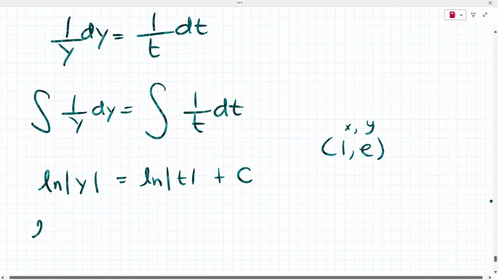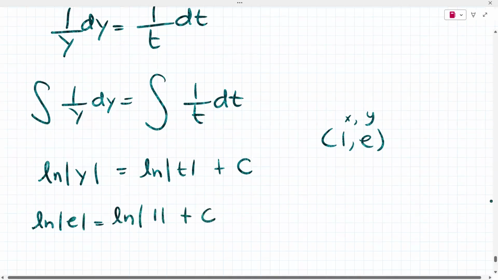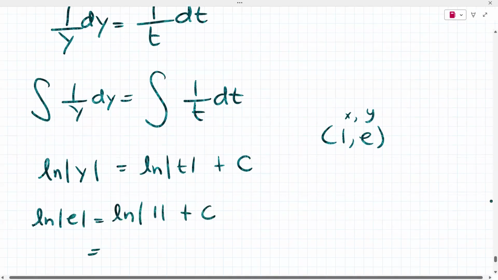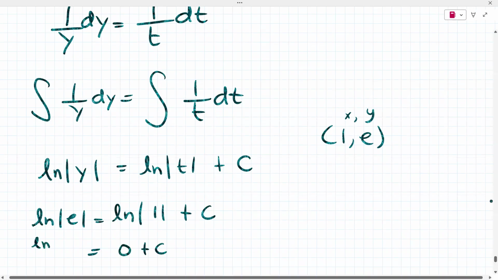So it's going to be ln of absolute value of e equals ln of absolute value of t, which is 1, plus c. And the ln of 1 is, I believe, 0. And then the ln of absolute value e is just ln of e, which becomes 1.